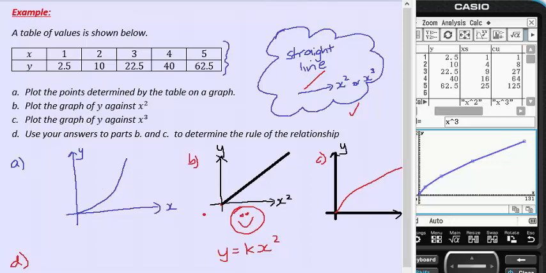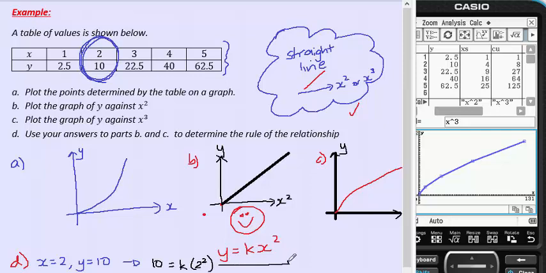So I'm going to use, for no good reason, this point here at 2 and 10. So when x equals 2, y equals 10, and my rule becomes 10 equals k times 2 squared.